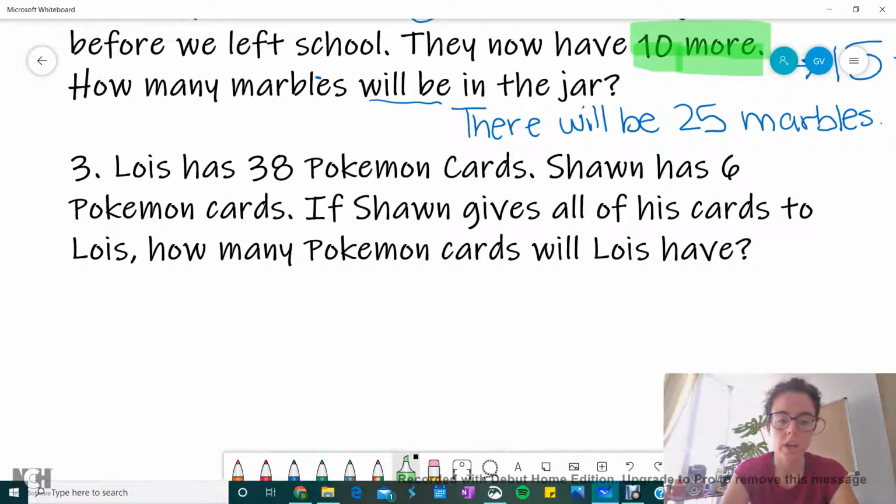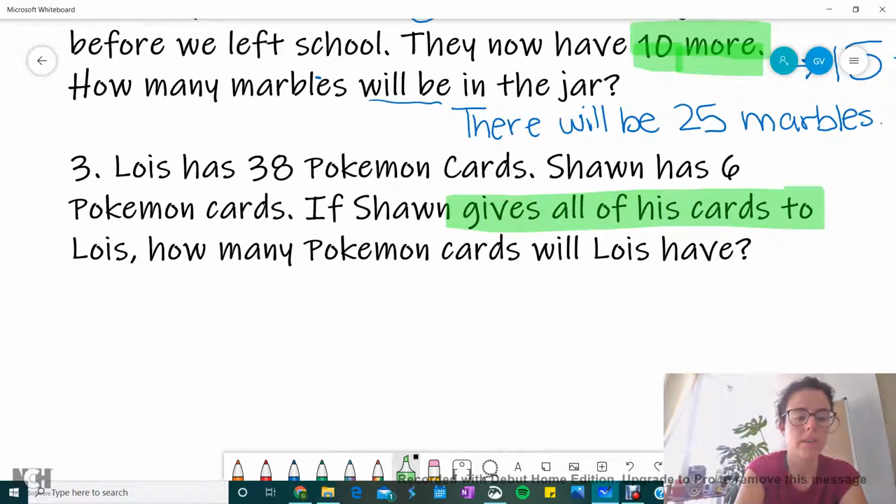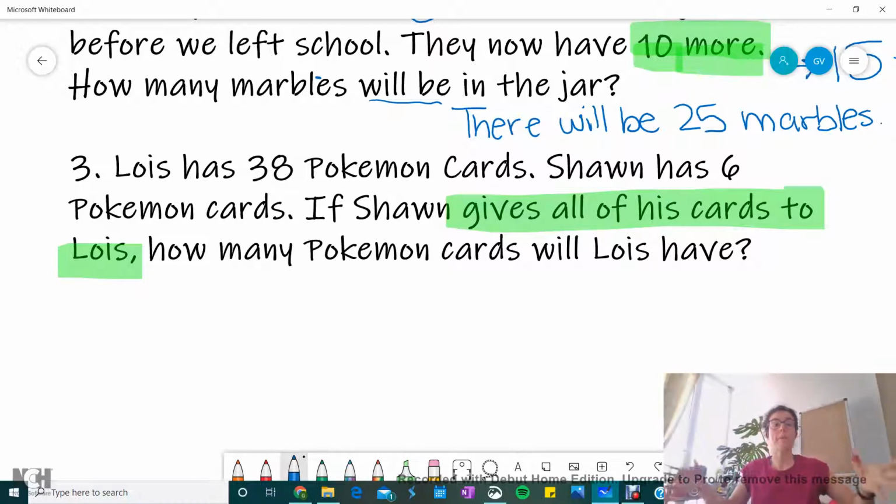So here Sean is giving all of his cards to Lois. That is the important part. So we know that we have to combine or mix Lois's cards, her 38 Pokemon cards, and the new cards that Sean gives her. And that gives us our total.